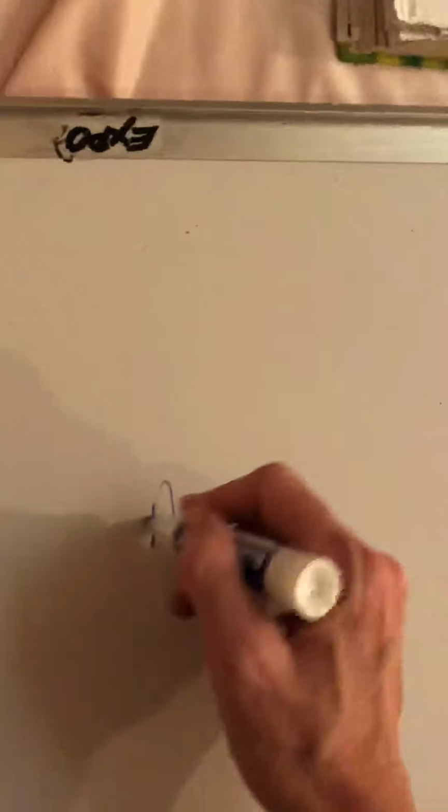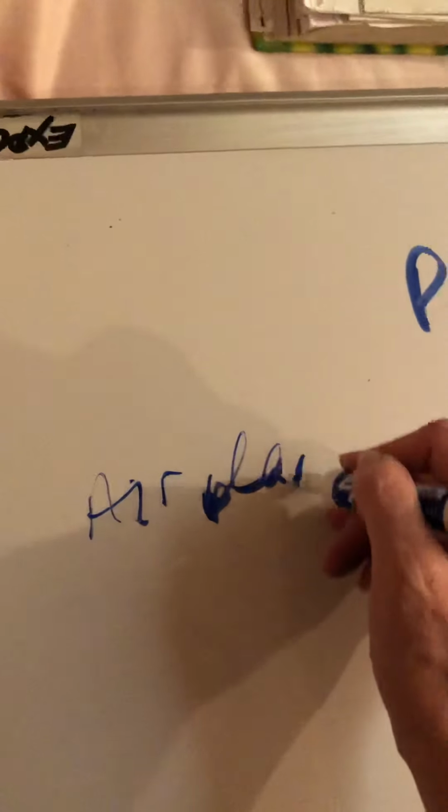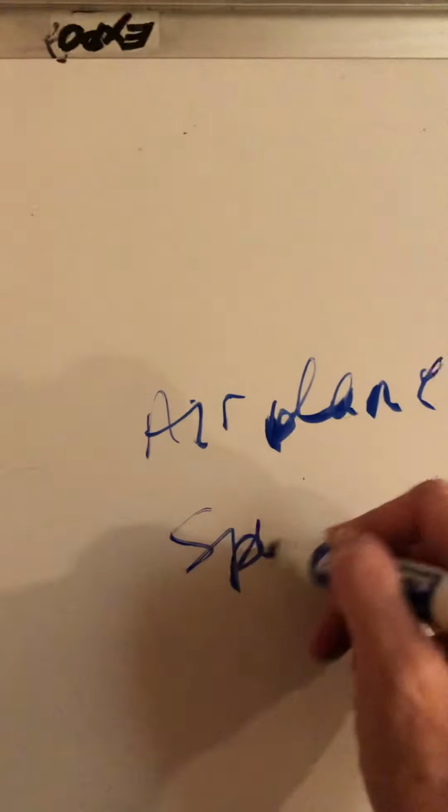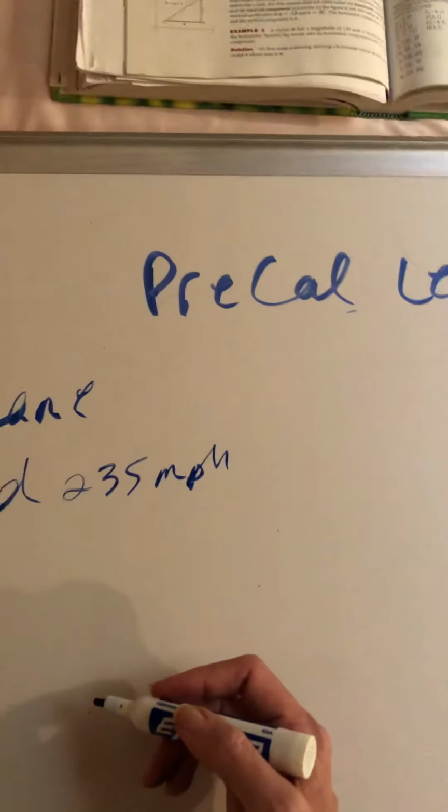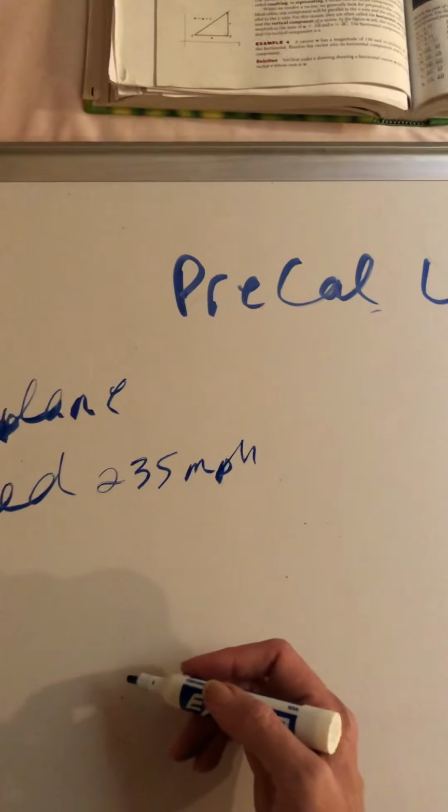Okay, then we have an airplane that takes off at a speed. So we've got an airplane. The speed is 235 miles per hour, and we're at a direction of 19.